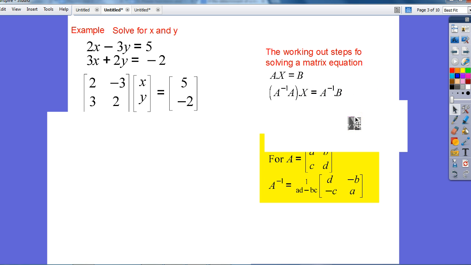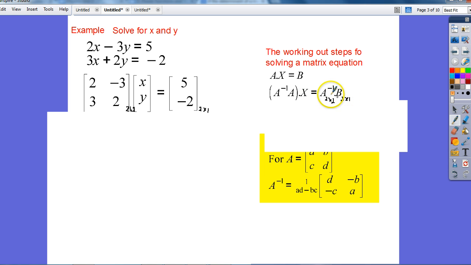Namely because matrices have dimensions, and the dimensions of A are 2 by 2, and the dimensions of B are 2 by 1. If I'm multiplying matrices, I want to make sure that my dimensions are going to fit together.